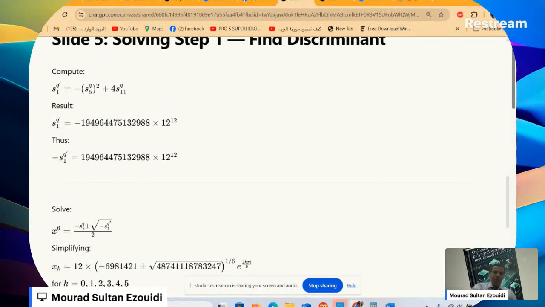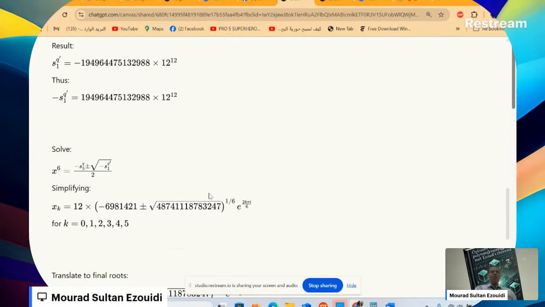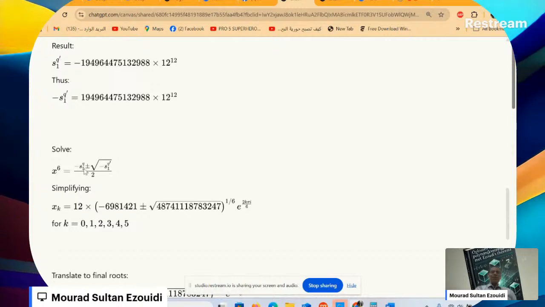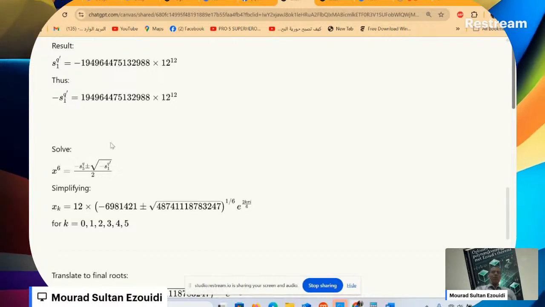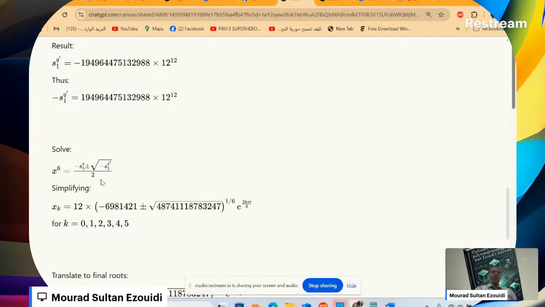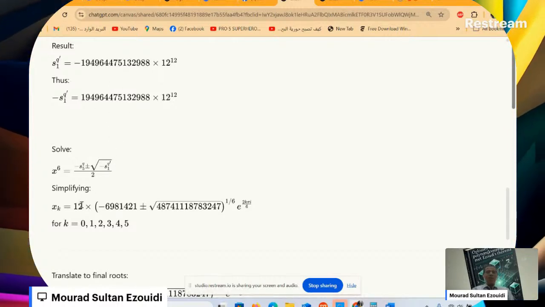Now solve for x raised to the power 6 equal to negative S5 of order 2 plus or minus the root of negative S1 of order 2 dash. This value is positive, you see? Divide by 2. So let's simplify.